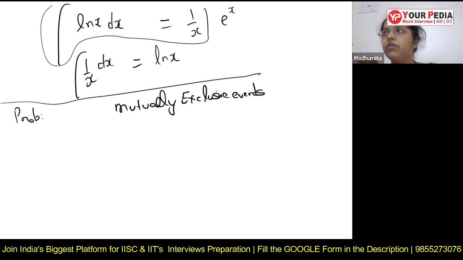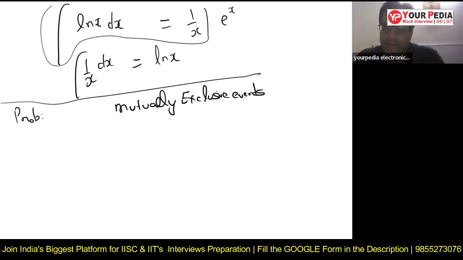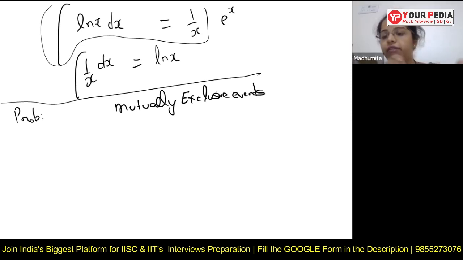Like, how do I give an example? Me staying at home and raining. The probability of me staying at home and the probability of rain are mutually exclusive events. It's not related to each other. Why? The occurrence of one event does not influence the other event.